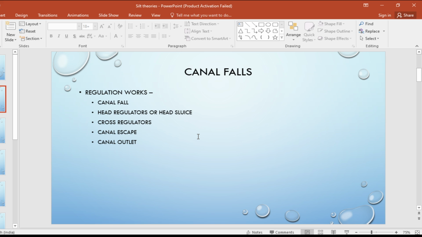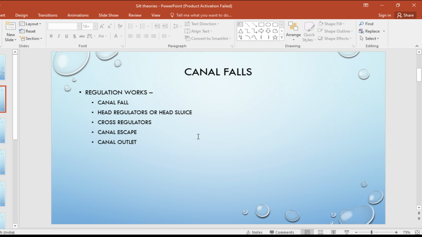Regulation works. Introductory part for the module. Any structure which is constructed to regulate the discharge, full supply level, or the velocity in a canal is known as a regulation work. Okay, what is regulation work?